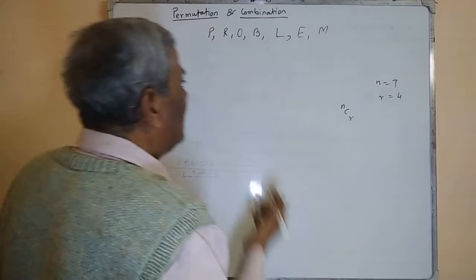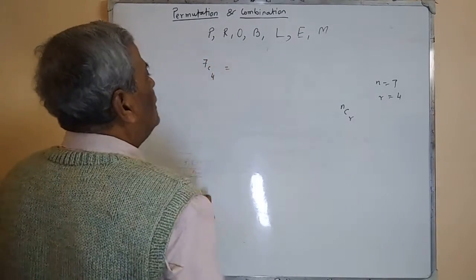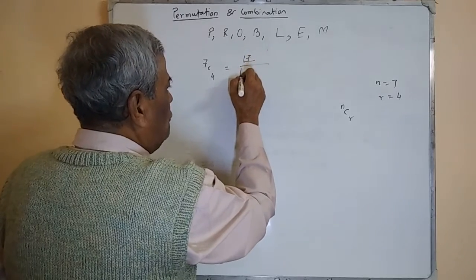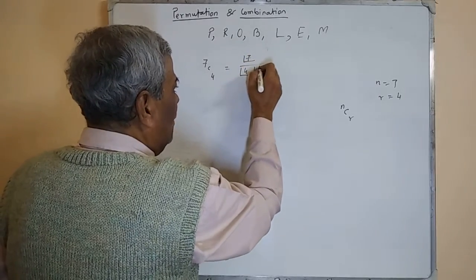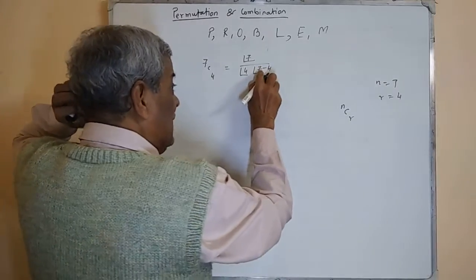So the simple answer is 7C4, which is equal to factorial 7 by factorial 4 into factorial of 7 minus 4, that is factorial 3.